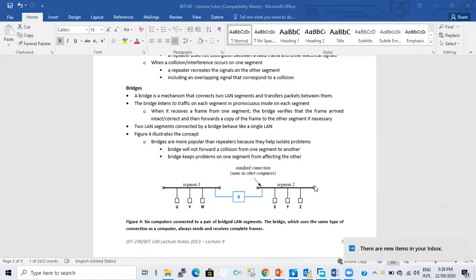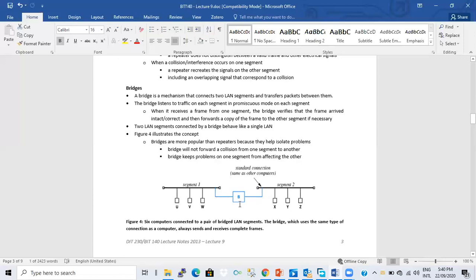If this frame had to come from here, a repeater would just get it, boost it, send. But for a bridge, if a machine connected to segment 1, this cable, sends something, the bridge will check, is this frame intact, by using things like CRC. So a bridge is more intelligent than a repeater.